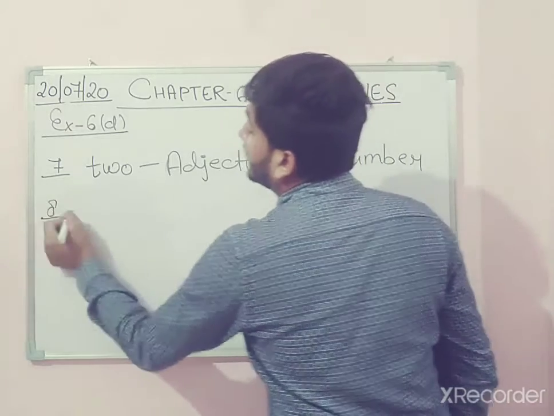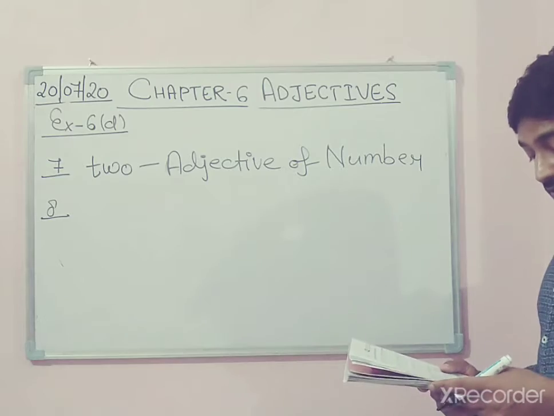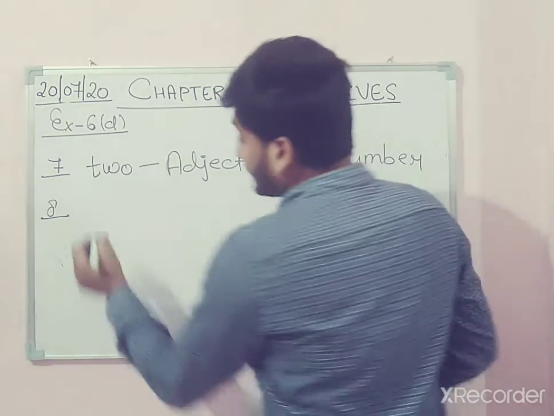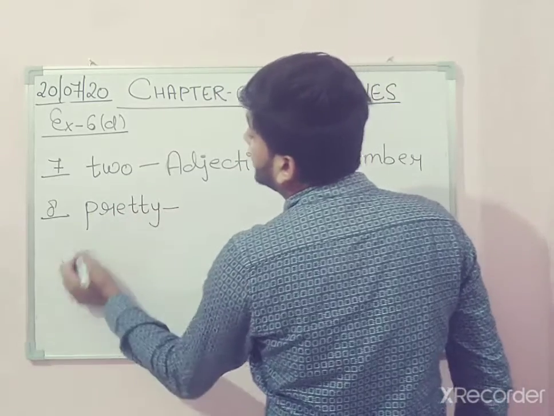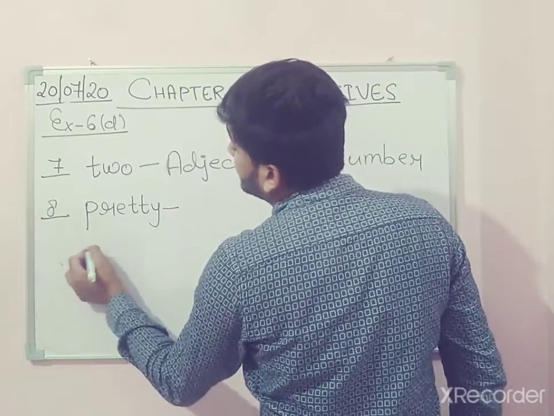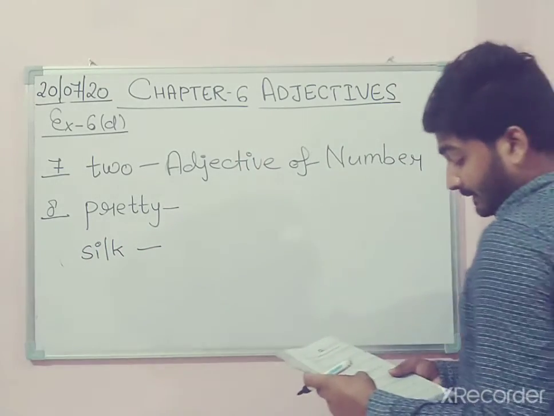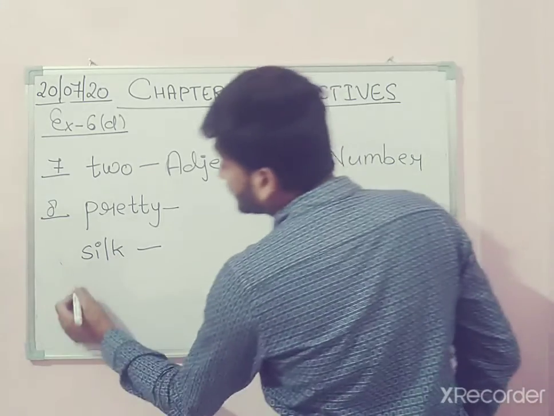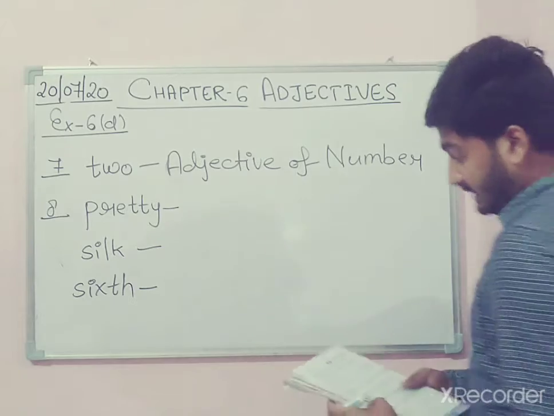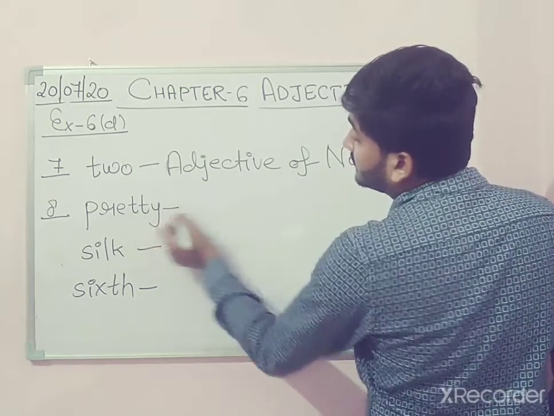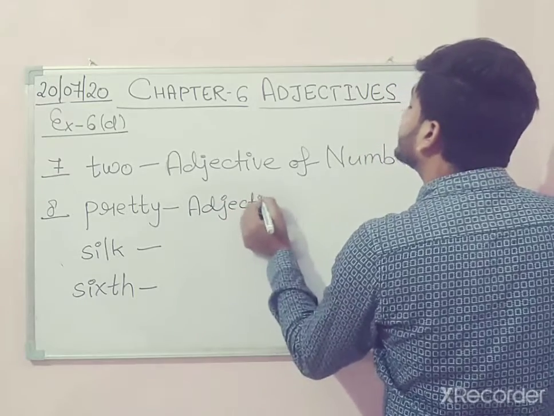Number 8. Number 8 is: The girl wore a pretty silk dress on her 6th birthday. What kind of dress? Pretty. What kind of clothes? The dress was made of silk material. And which birthday? Sixth birthday. Yes. Pretty means adjective of quality.